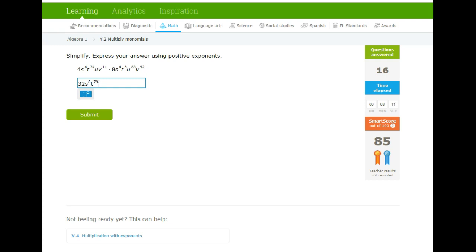When you add the exponents, then you use the letter u. u to the first and u to the 83 is u to the 83 plus 1, which is u to the 84. And finally, you have v. v here is to the power of 11, and v here is to the power of 92. You add 92 plus 11, which is 103. Because 92 plus 10 is 102, plus 1 more is 103. So you should be right.